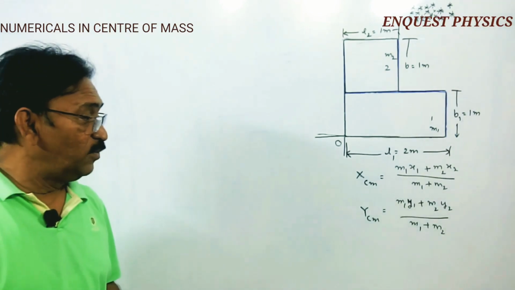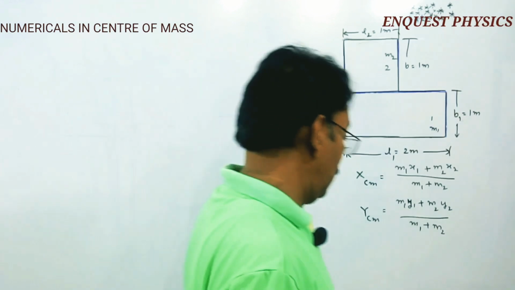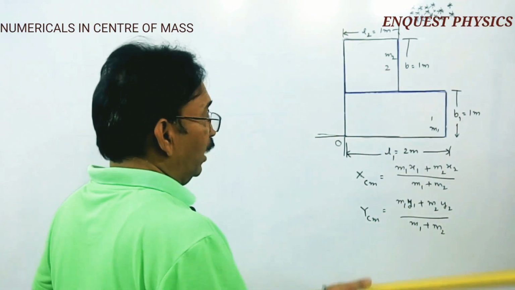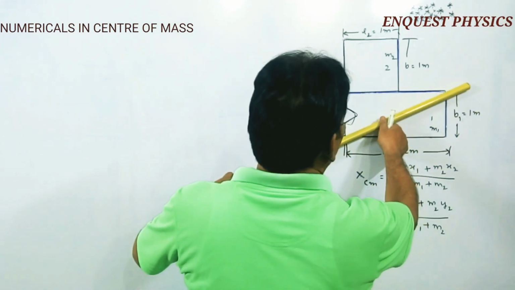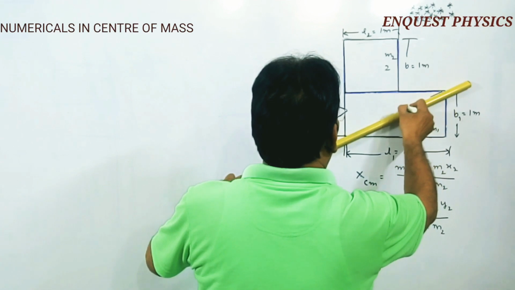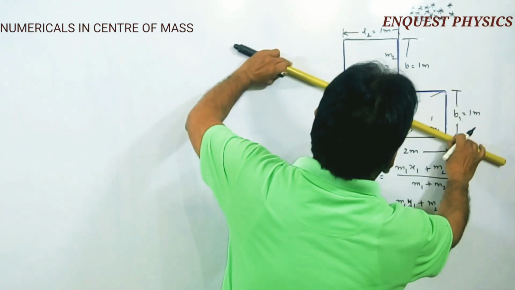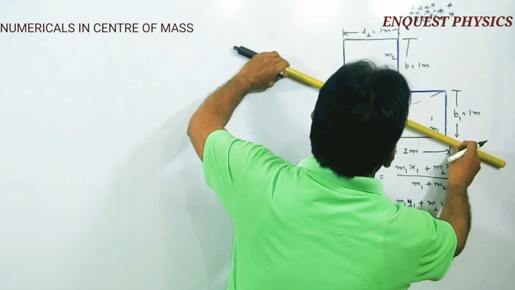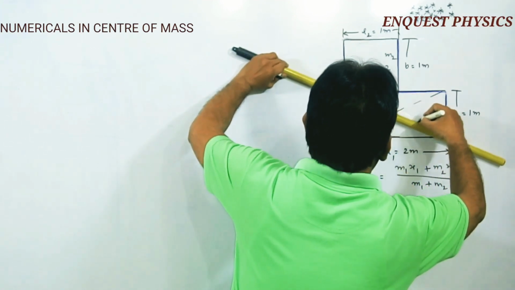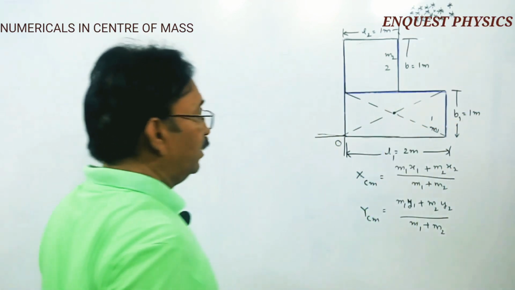First, what we have to do? First, we have to locate the center of mass of the two plates. Students, where does it lie? We have to locate the geometrical center, since they are regular shaped bodies. Joining the diagonals, here is the centroid.